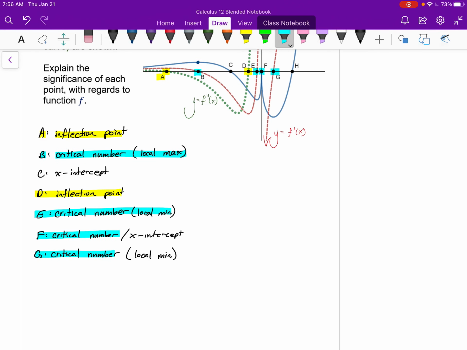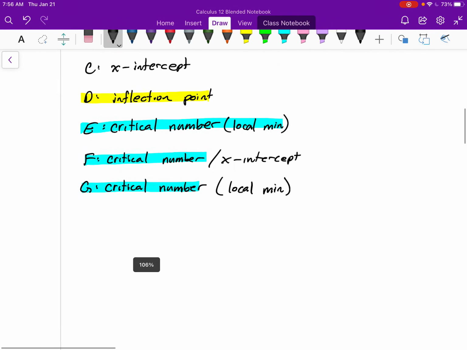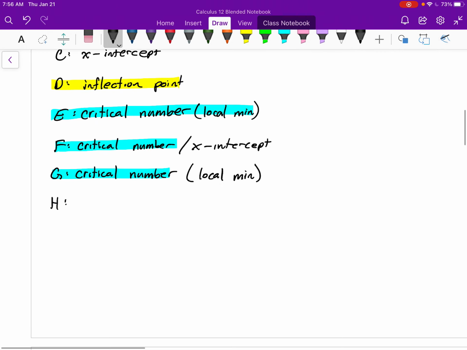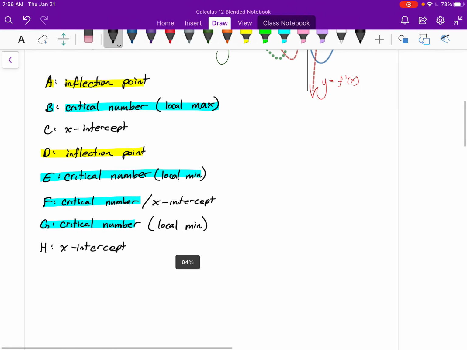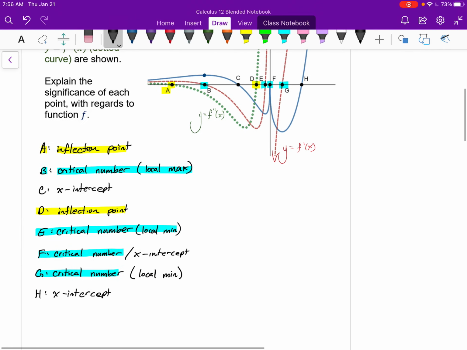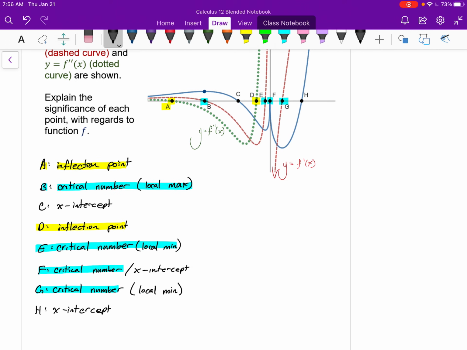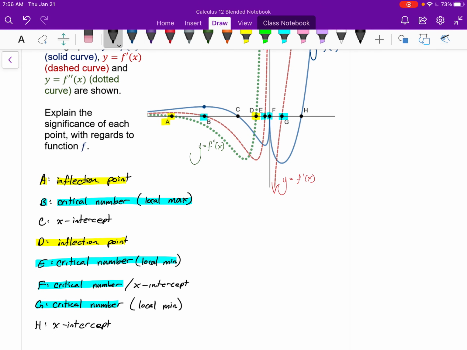That's just the x-intercept of the function f. So before I move on to the second and last problem, keep in mind the idea behind this was that all these points, a through h, the various intercepts of the function, the first derivative and the second derivative, these are all telling me what they tell us about with regards to function f.